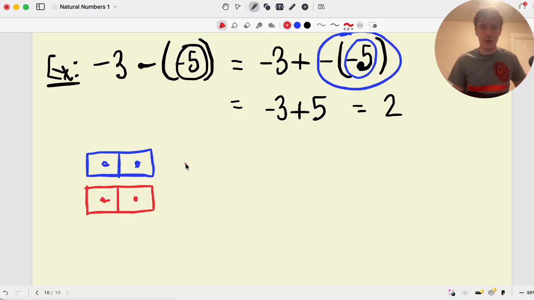What happens in this situation? Well, you might say the blue dots completely cancel out with the red dots, and what I end up getting is, and I hear this all the time from students, nothing.